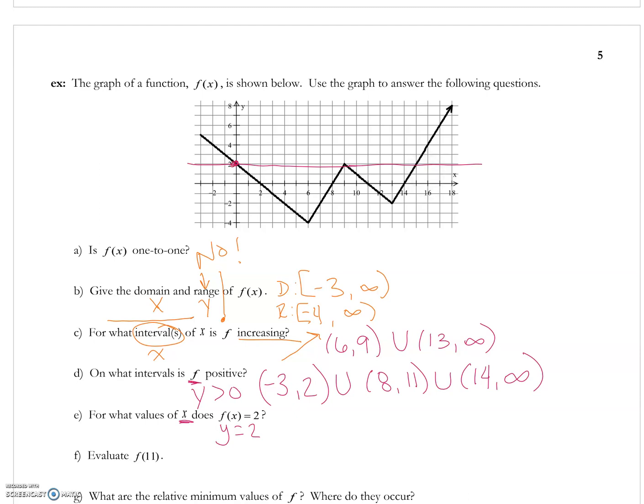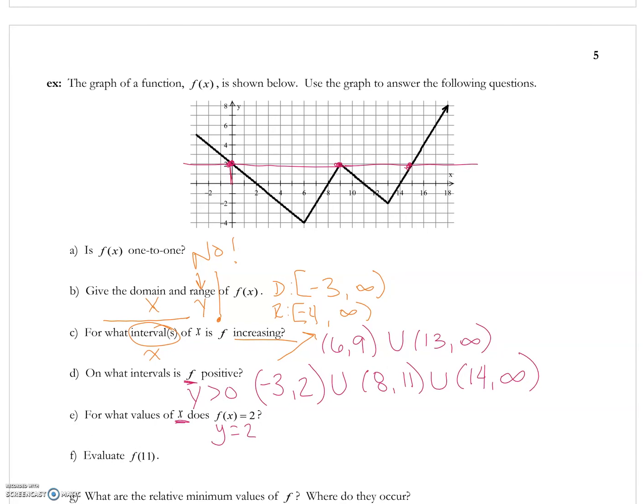So that happens once here, and once here, meaning I have 3 x values for which y equals 2. The first x value is 0, the second x value is 9, and the third x value is 15. So I list all of those. x equals 0, x equals 9, and x equals 15.